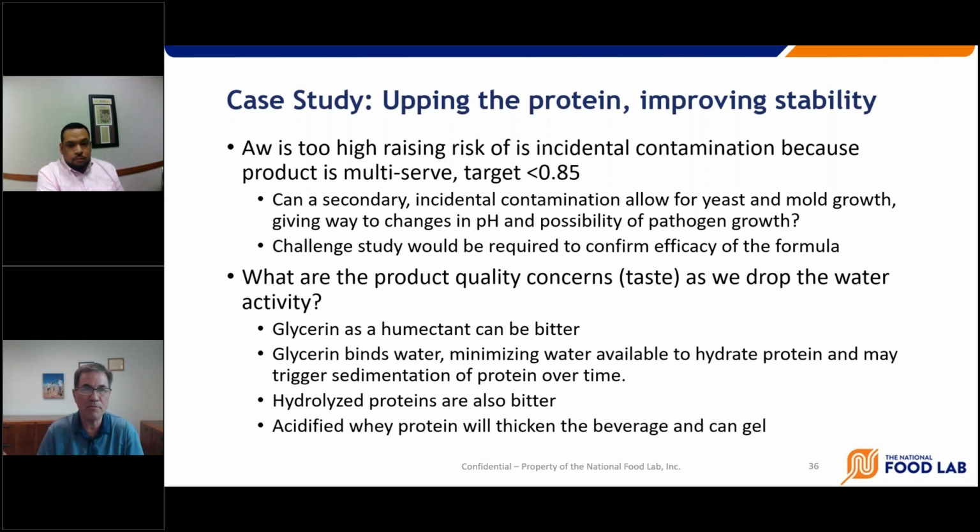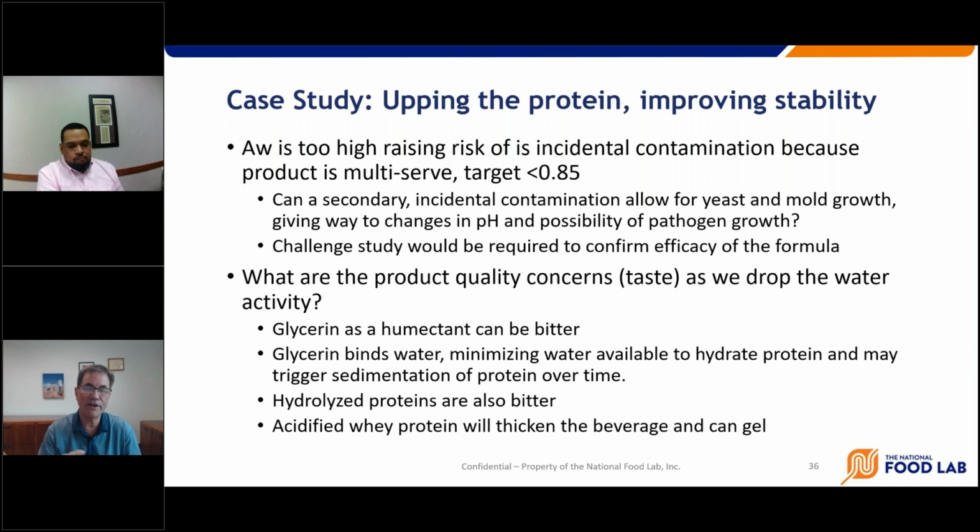And taste is going to be a big one whenever you look at water activity control, right? There's different ways to do it. We used the brown rice syrup earlier at 60 DE. That's great. That's not necessarily going to do it in this product. Glycerin, very good humectant, helps you drop the water activity very quickly. It's also bitter, right?